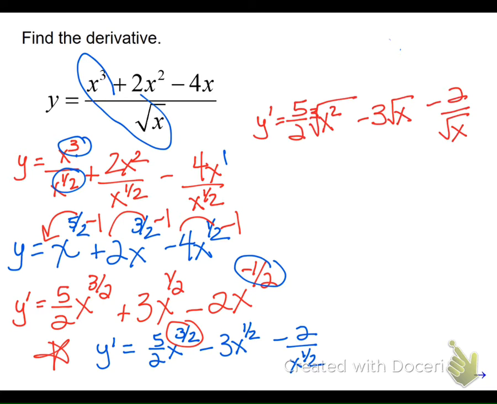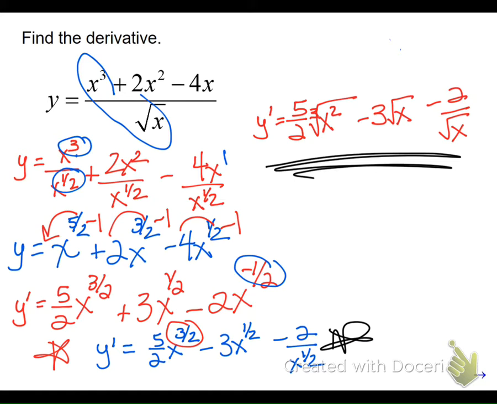So the final option is to rewrite it in radical form, and that would be this guy. And again, it's fine if you left it like we did over here. Just know that if this were a multiple choice question on the AP exam, which is honestly likely, then there's a good chance they would write it back into radical form.